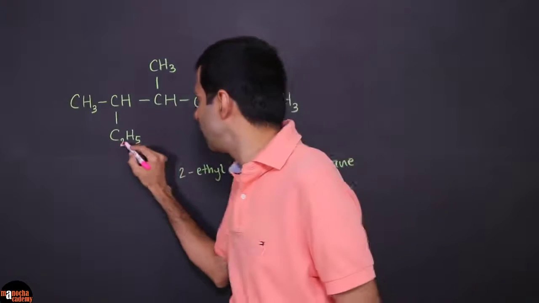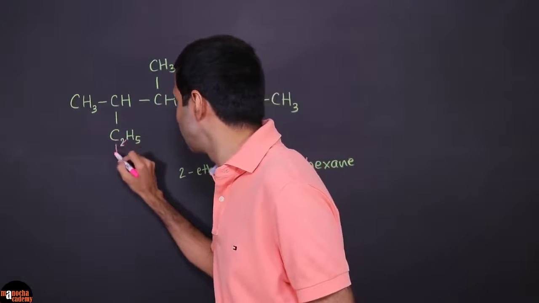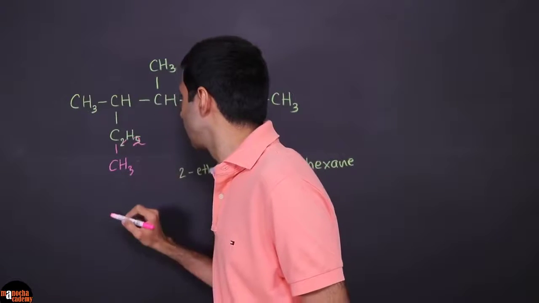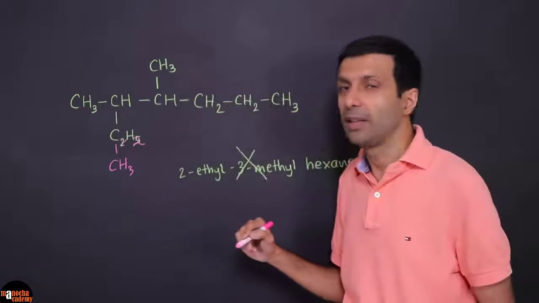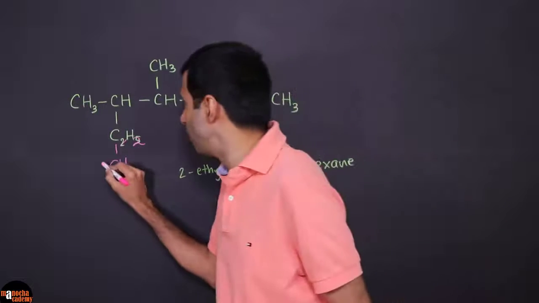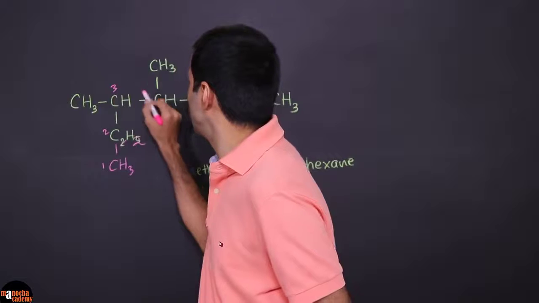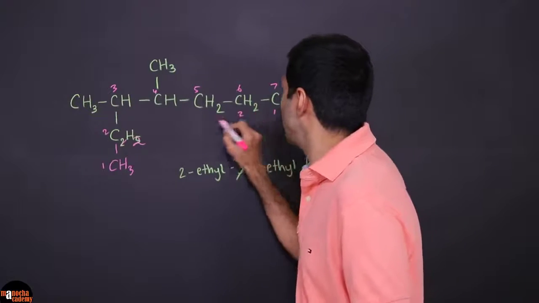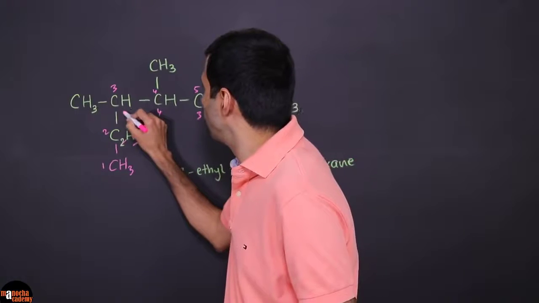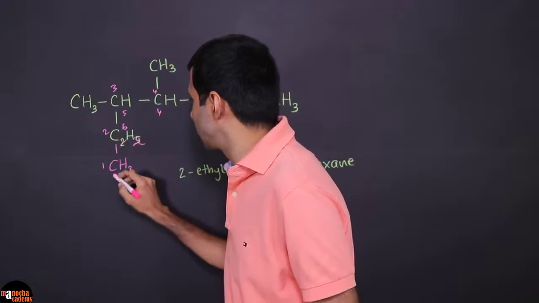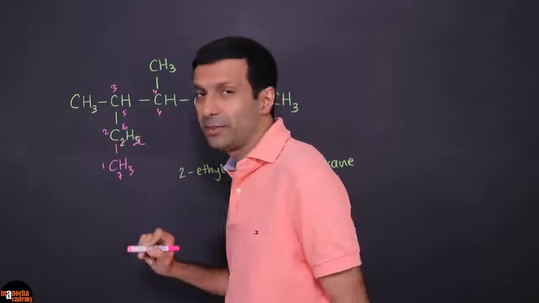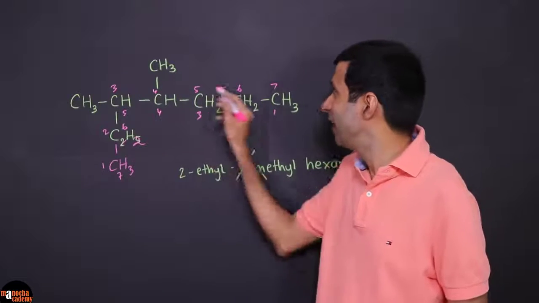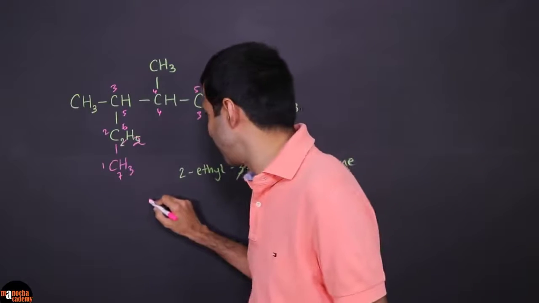So it's easier if we expand this one and write it out, right? So I just expanded the ethyl there for you, and let's number our longest carbon chain here. 4, 5, 6, 7, and again backwards, 1, 2, 3, 4, 5, 6, 7, right? So this is not basically a hexane, it's a heptane, right?